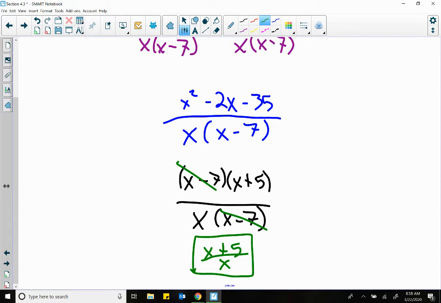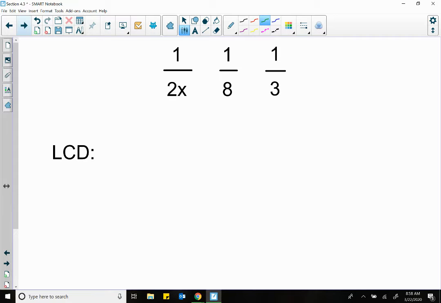Okay? Now we're going to switch and we're going to focus in on unlike denominators. But before we get to unlike denominators, we need to talk about the key concept of the LCD. LCD stands for least common denominator. Okay? And so what I want to do is a couple problems.